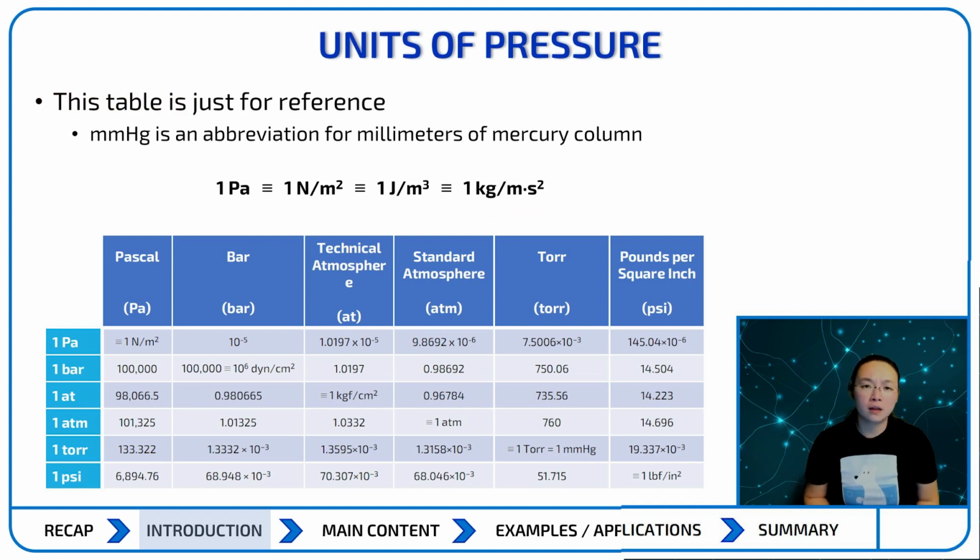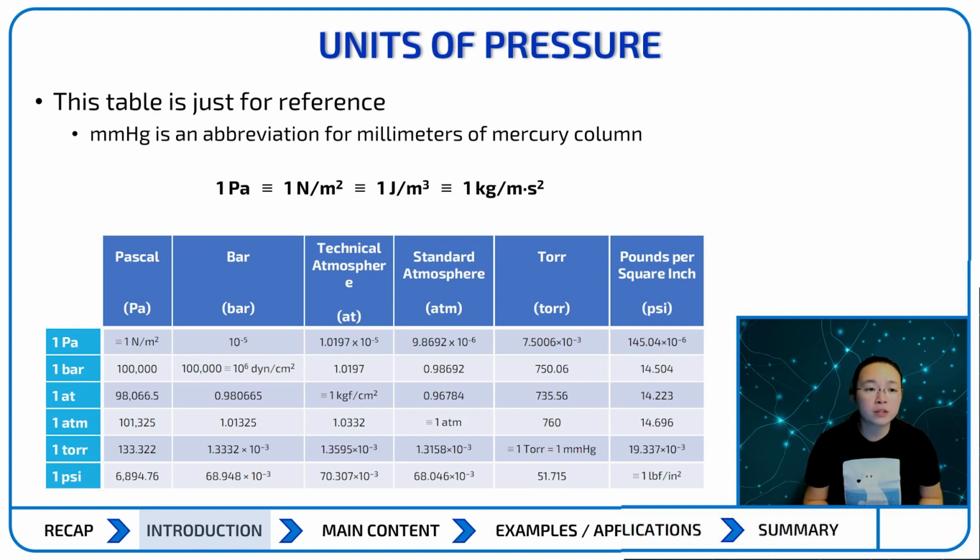So we're working with a lot of gases and a lot of equations. So we should be able to understand what types of units of pressure there are. First of all, it's good to understand that 1 Pascal is equal to 1 Newton per meter squared, which is equal to 1 Joule per meter cubed, which is equal to 1 kilogram per meter second squared, where mmHg is an abbreviation for millimeters of mercury column.